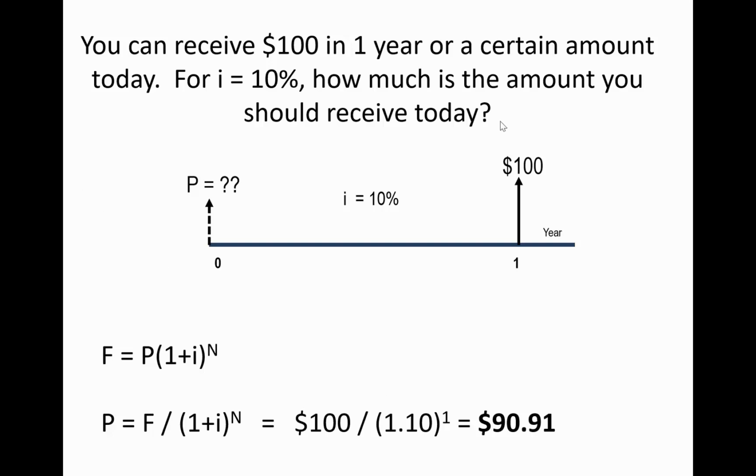So when you get problems like this, my recommendation is maybe above the text, identify the variables. So for example, on the paper you could write F above 100, and then that would be in your mind an indicator that that's talking about a future amount. And then you could write N above the number 1, and then that would tell you that your number of compounding periods is 1.